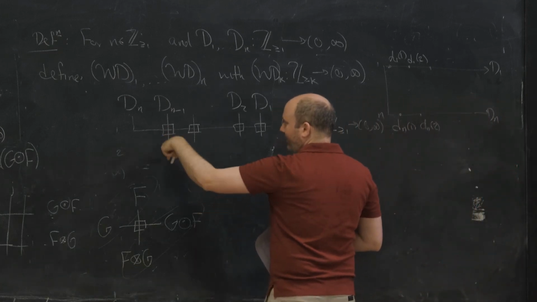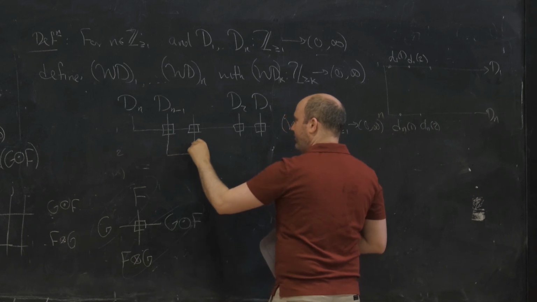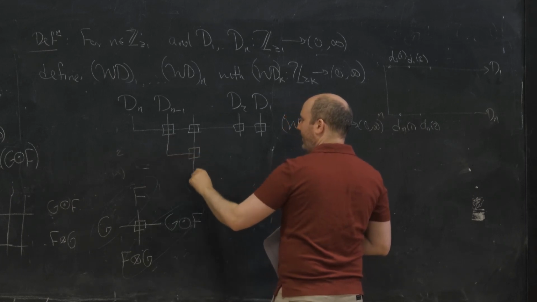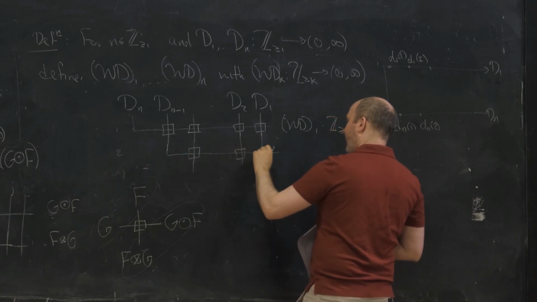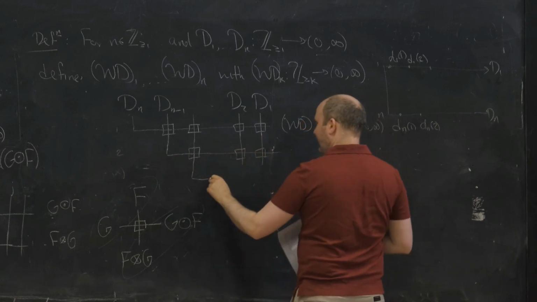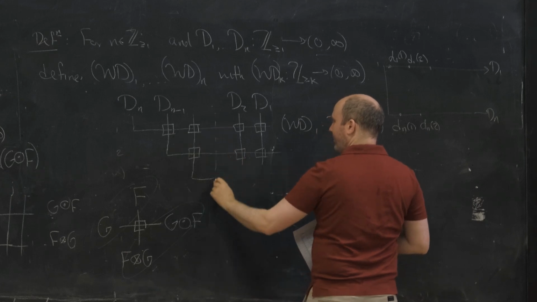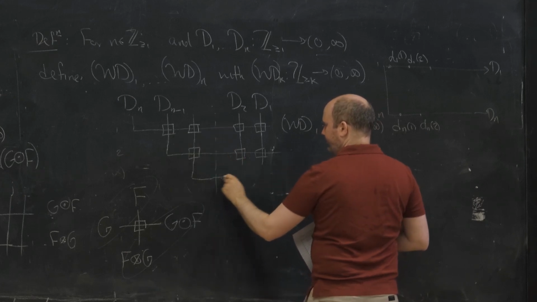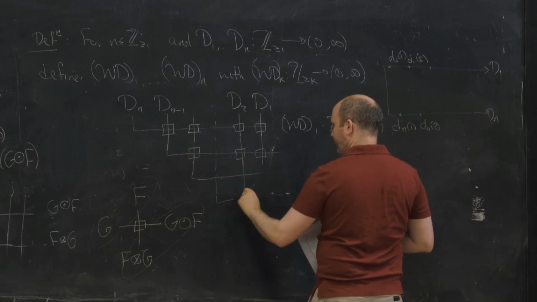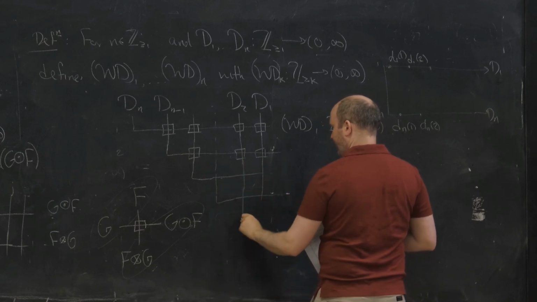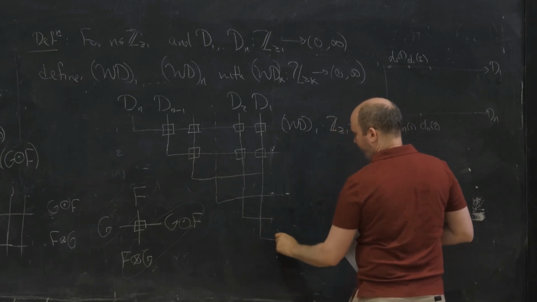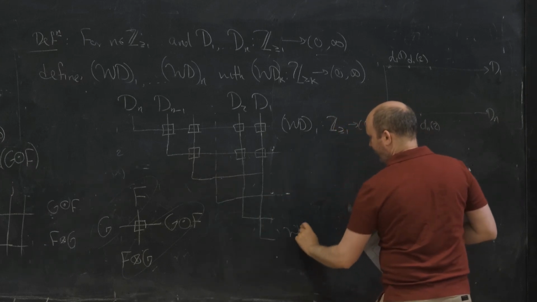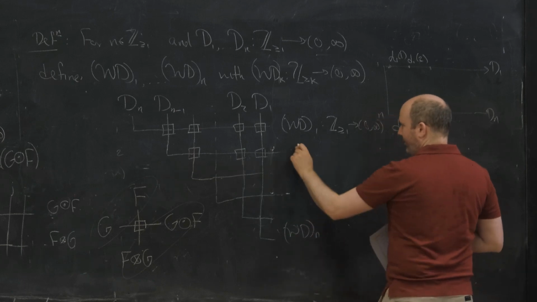But I still have all of these outputs coming down, so I just start to put them together. I sew them together like I'm doing some sort of crocheting. I continue in this manner, and eventually I get WDN all the way on the bottom.